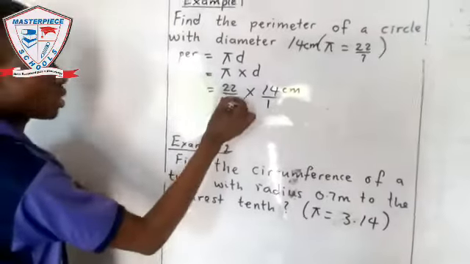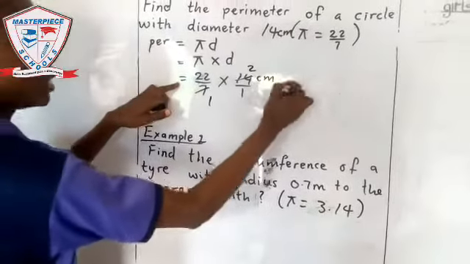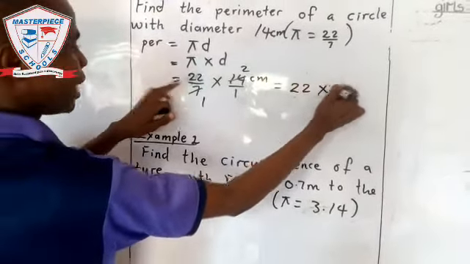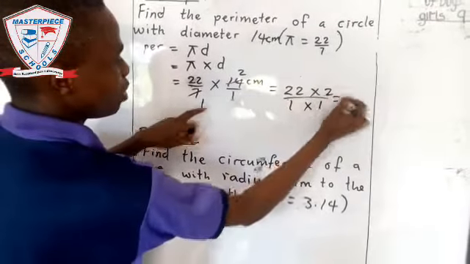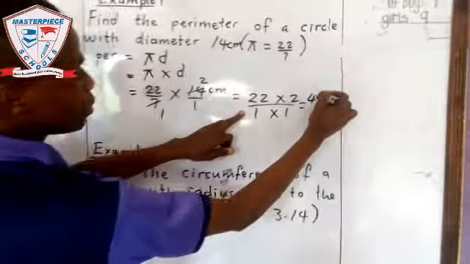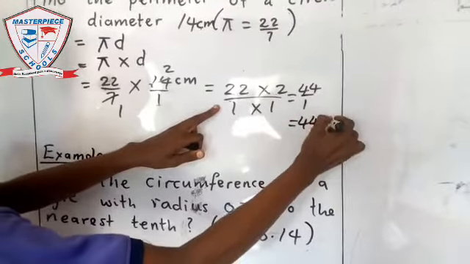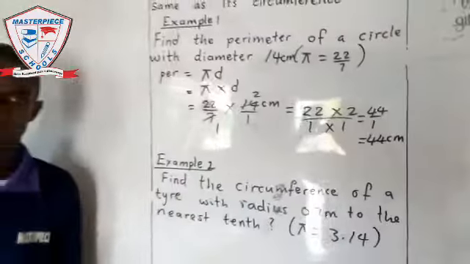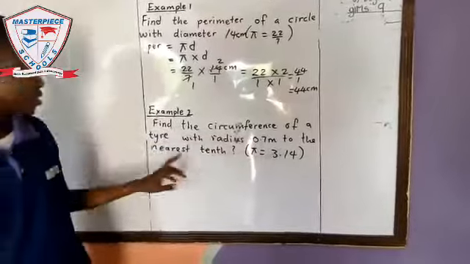So 7 into 7 is 1, 7 into 14 is 2. Then what you're having left is 22 times 2, all over 1 times 1. That will give you 44 over 1, which is the same thing as saying 44 centimeters. That's your answer.